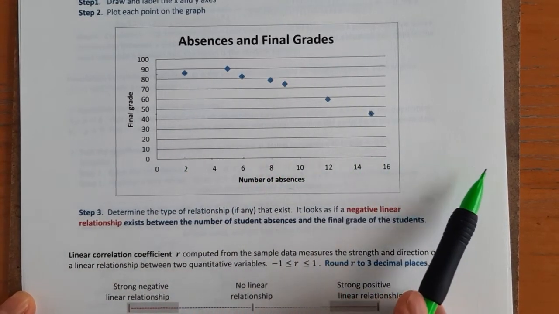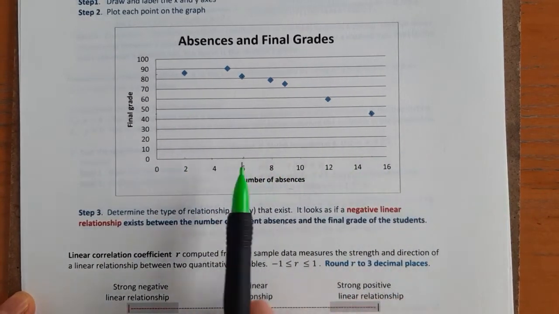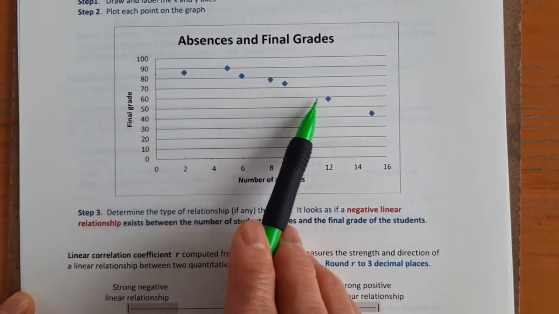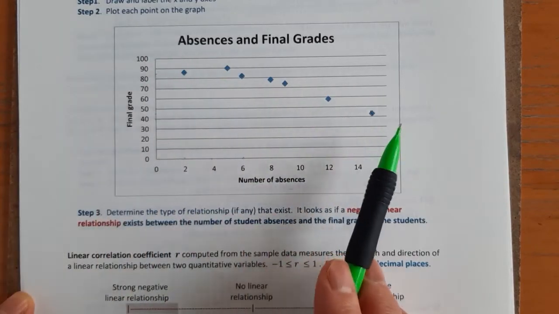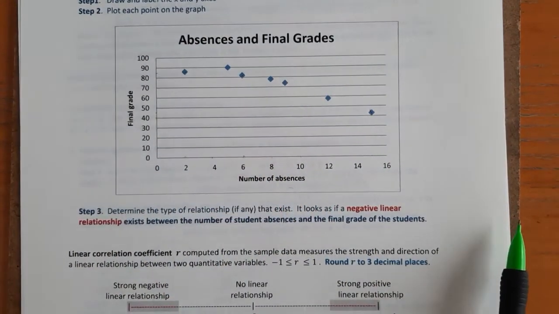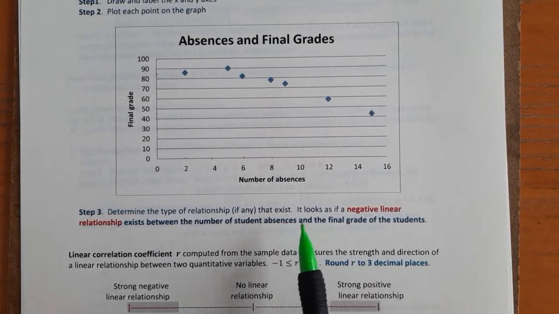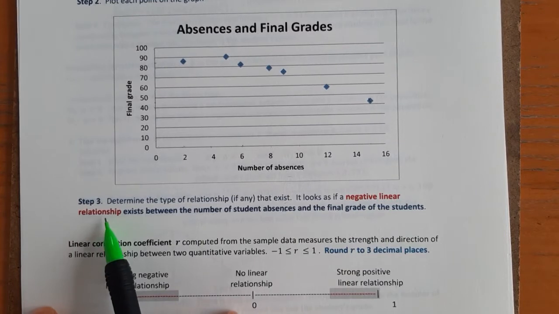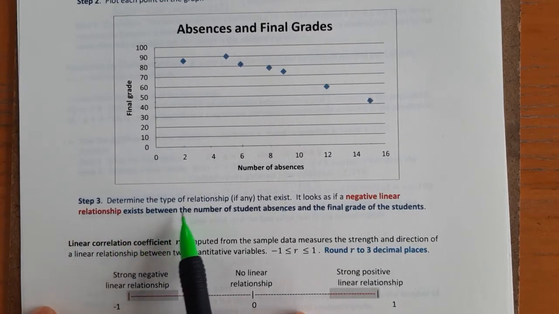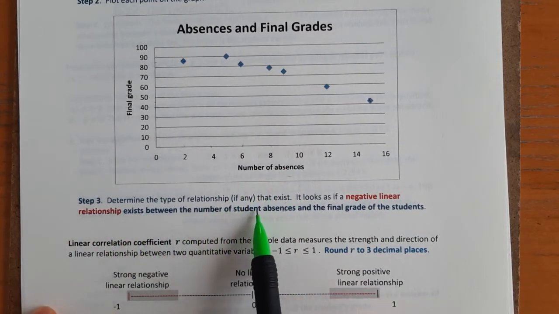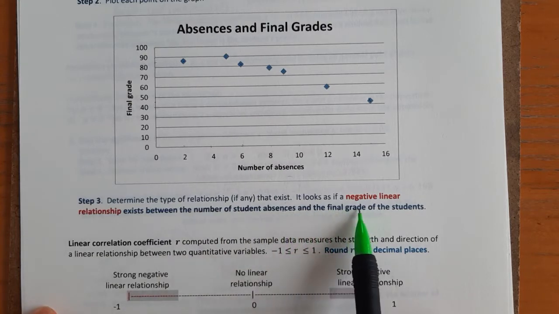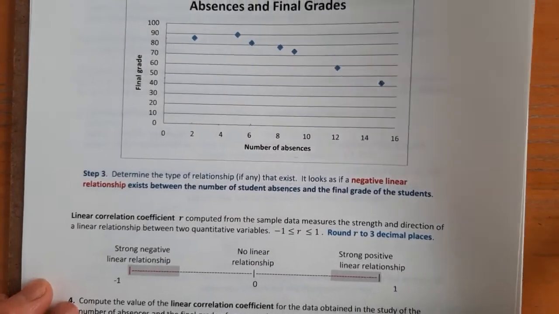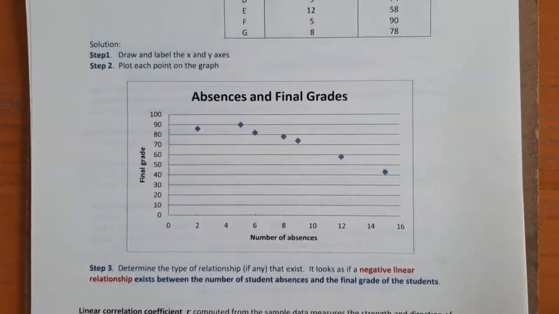When X increases, going larger and larger, Y, the grade, decreases. The line falls down to the right, so the slope is negative. So it looks as if a negative linear relationship exists between the number of absences and the final grade of students: the more absences, the lower the grade.